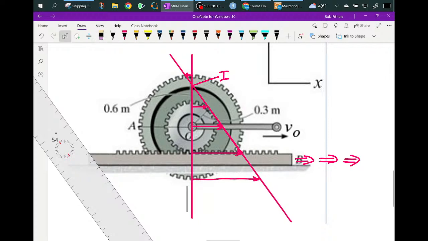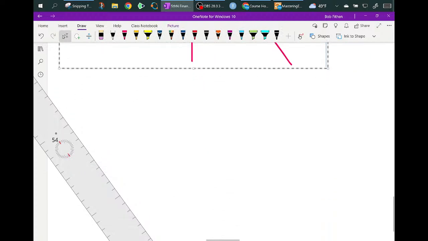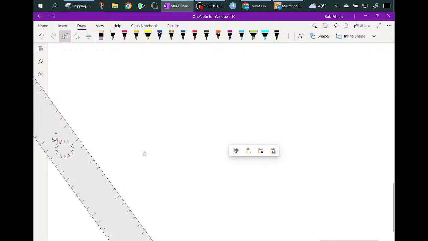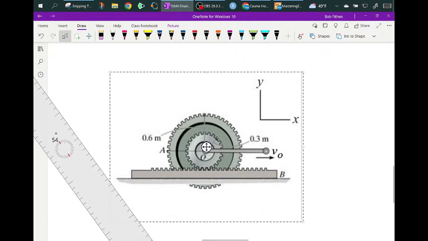Let's take another case. All right, let's take this third case here.